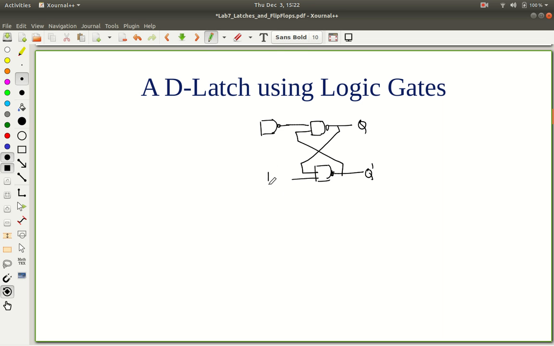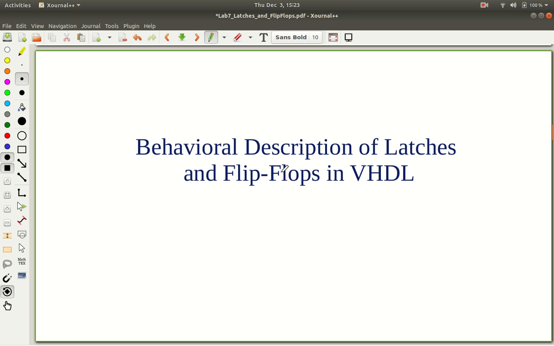Then we have another set of NAND gates, one input of which is connected to clock and the other input is connected to the data. If these inputs were not connected together, this would be like an S bar R bar latch, but if we connect them like this, sorry, this would be an SR latch, not S bar R bar. But now when we connect the inputs together using an inverter, then we get a D latch. So this is the logic diagram for a D latch.